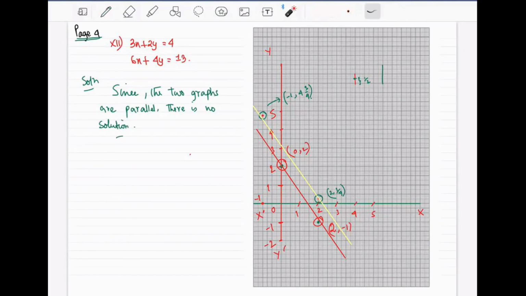Okay. So we have done 3 pairs of equations, which yield a different form of graph. We have got a consistent intersecting graph in Roman number 8. In Roman number 10, we have got the same graph, which means the 2 lines are coincident, one on top of the other.